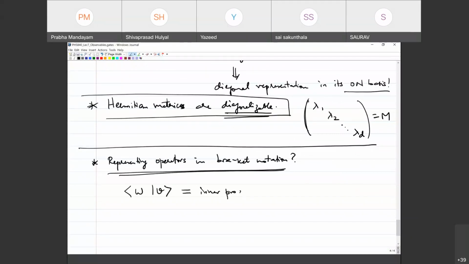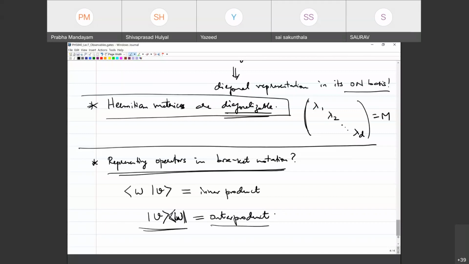Now instead, I can construct what is called an outer product, where I take the vector and a dual vector and write them out in this order. So this is what I call an outer product.